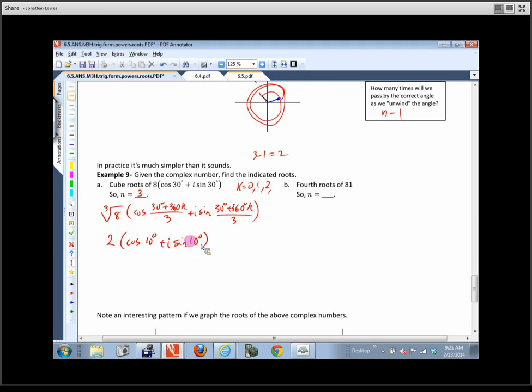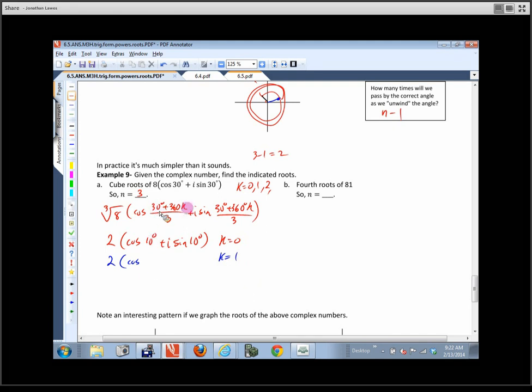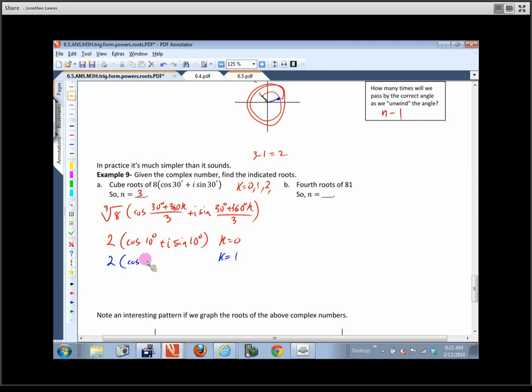And that one works out the same way there. So that's for k equals 0. Let's let k equal 1. Cosine. If k is equal to 1, I end up with 390 divided by 3, so what's that? 130 plus i sine 130.